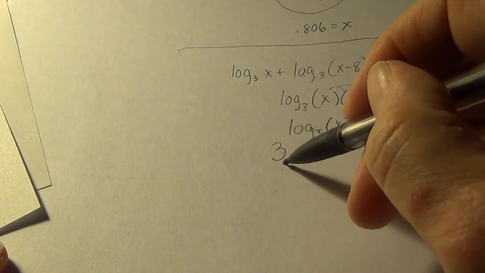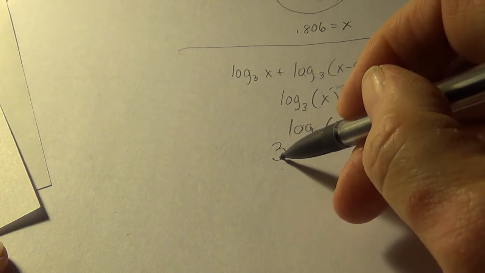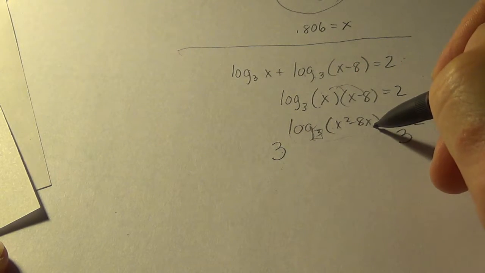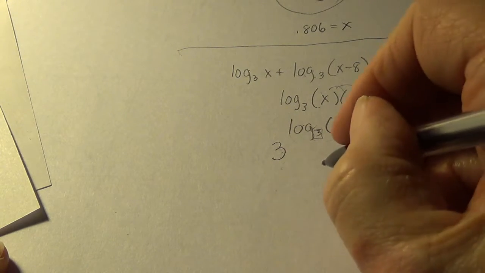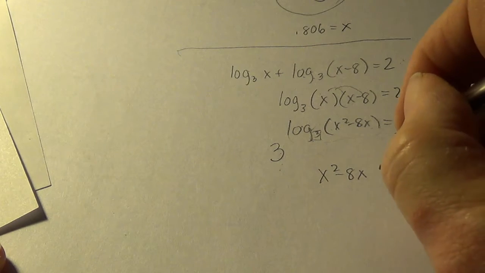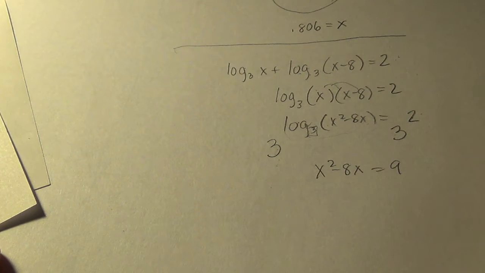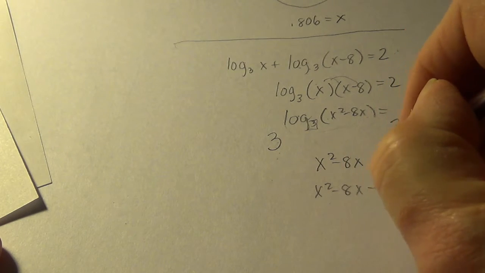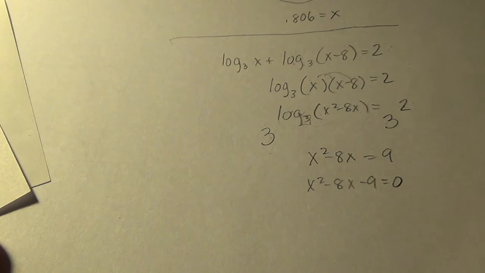So what is 3 raised to the log of the base 3 of x squared minus 8x? It's just x squared minus 8x, equals 9. Quadratic, so pull the 9 over, set it equal to 0.